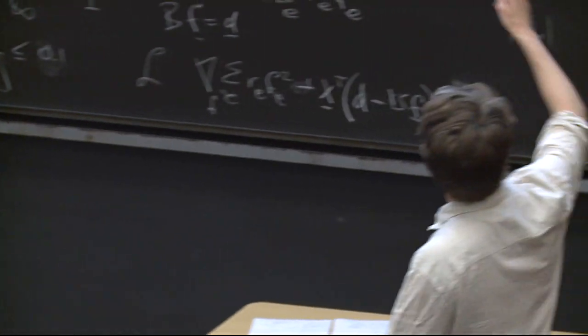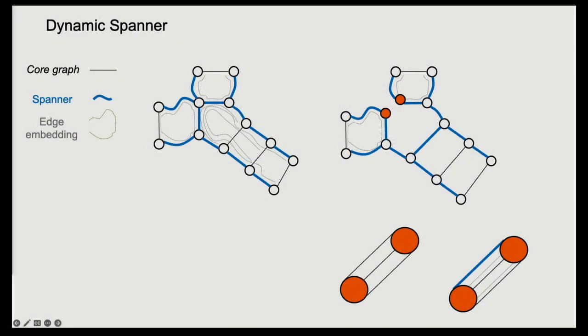Okay, so now we're going to bring in that blue edge, the one we picked in the little spanner. We're going to put it in the thing it corresponded to back in the big graph. Now the question is, what are the new embedding paths? So let's construct an embedding path for one of the other edges.